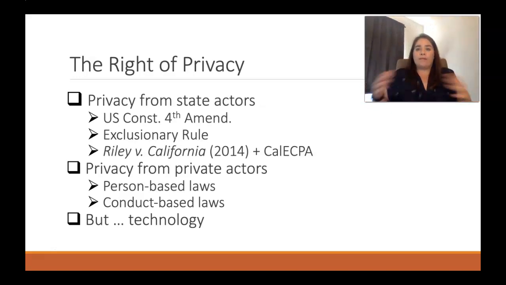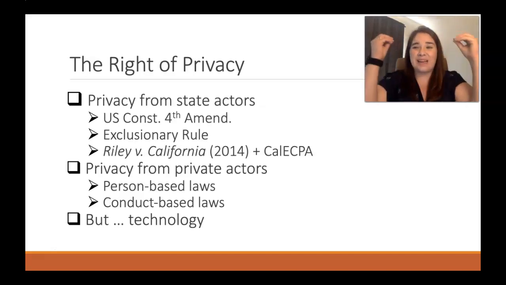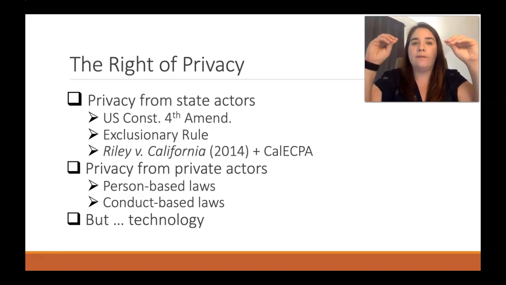So you have this right to privacy against state actors, right? The police, the government, you've got that right under the Fourth Amendment. The larger problem with the Fourth Amendment, which we'll talk about in a little bit, is that the courts have eliminated a good portion of the things that are protected under the Fourth Amendment.